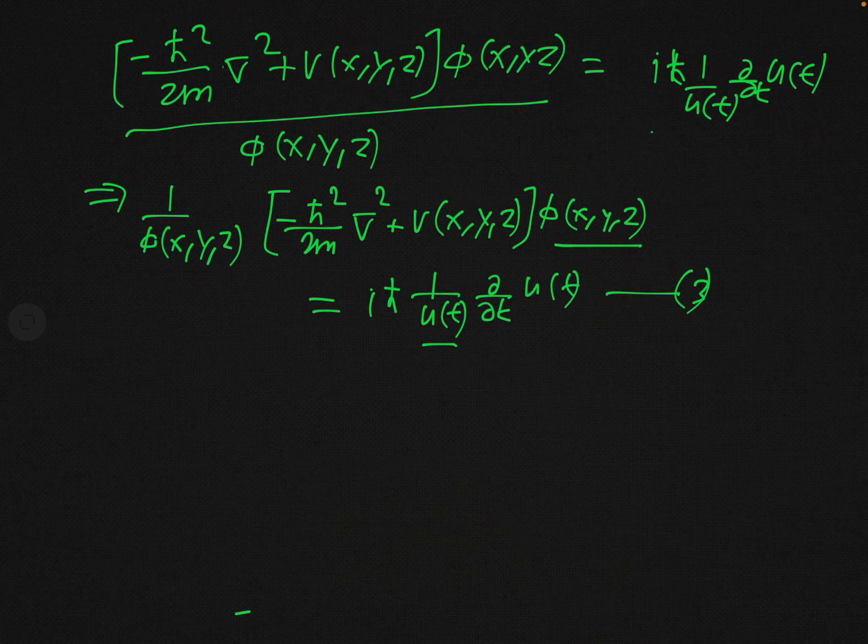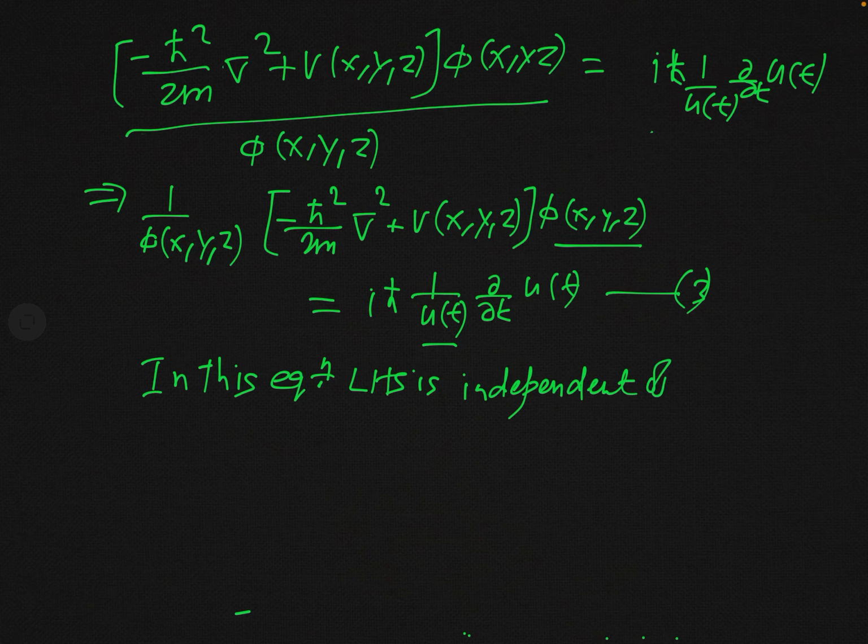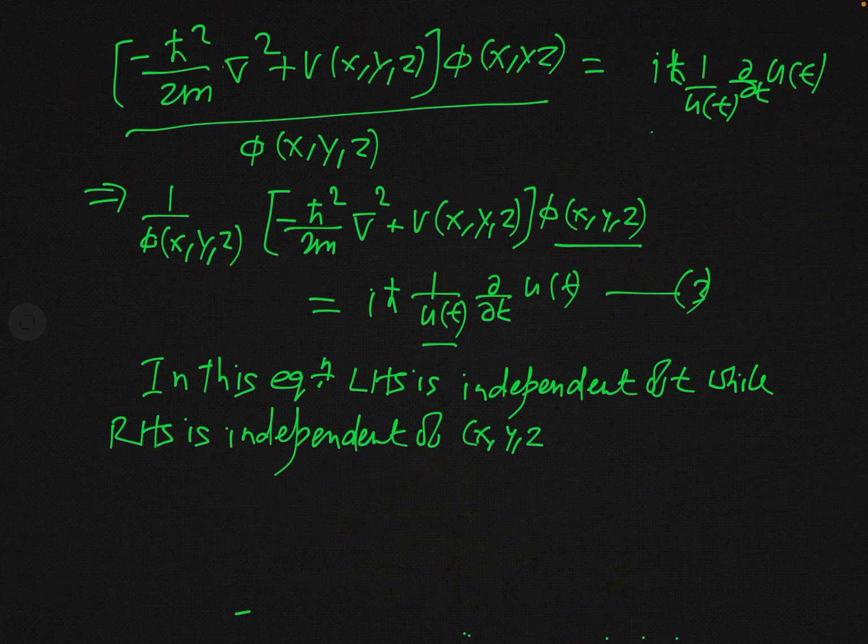So you can see that in this equation, LHS is independent of t, while RHS is independent of space coordinates x, y, z.